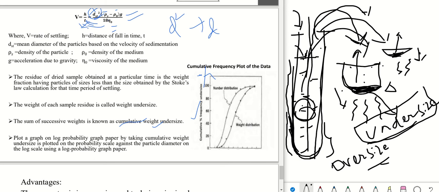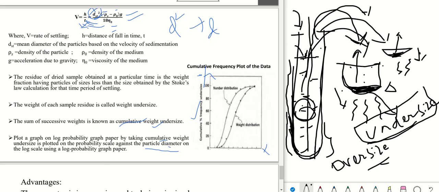When we are speaking about physical pharmaceutics, it actually includes the interpretation of the data and also graphical presentation of the data. So it is always very important to project the data in the form of a graph. We will be taking cumulative weight undersize on the y-axis and particle diameter on the x-axis.